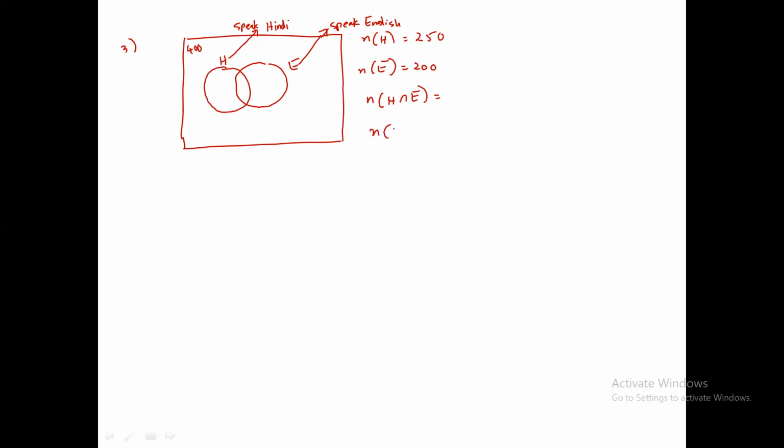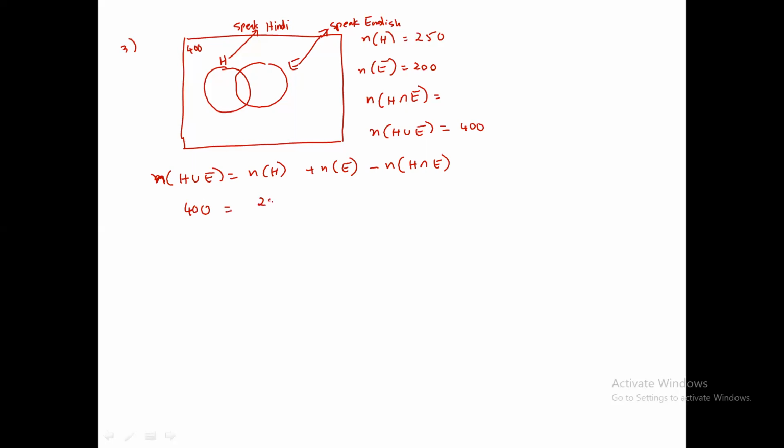So we can say N of H union E, total people 400. You can use the same formula. That is N of H union E equal to N of H plus N of E minus N of H intersection E. N of H union E is 400.